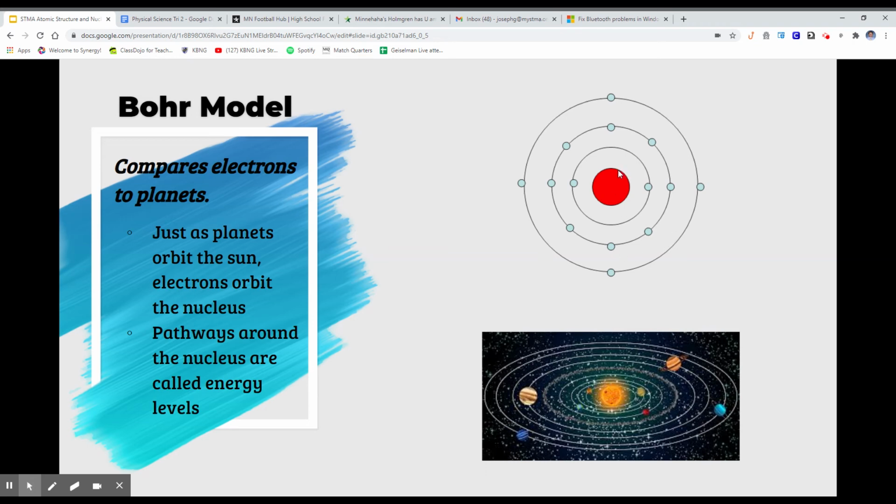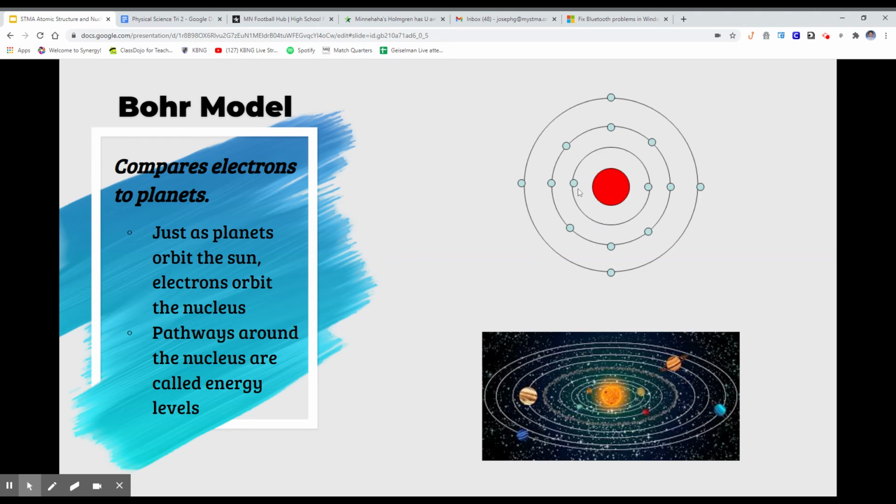This would be a silicon atom with 4 valence electrons. And again, those valence electrons are the electrons in the outermost shell. In this case, we have 3 shells, or 3 levels, or 3 orbitals. The rings, we can count them going 1, 2, 3.